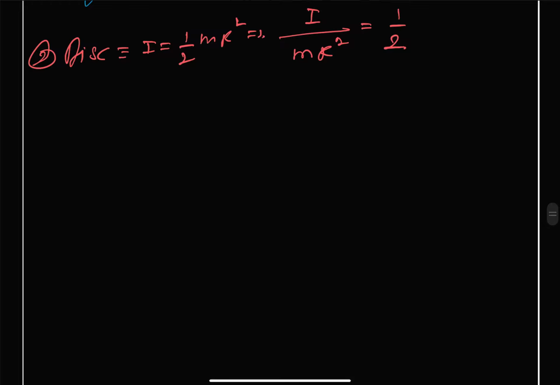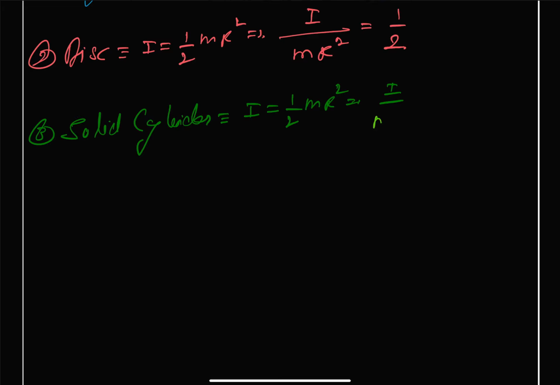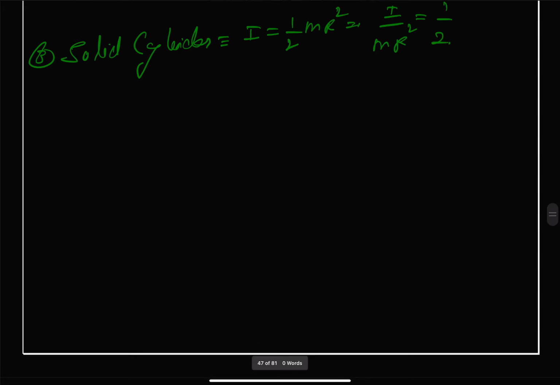Then we have the solid cylinder, which has I equal to 1 by 2 mr square. So we get I upon mr square equal to 1 by 2.